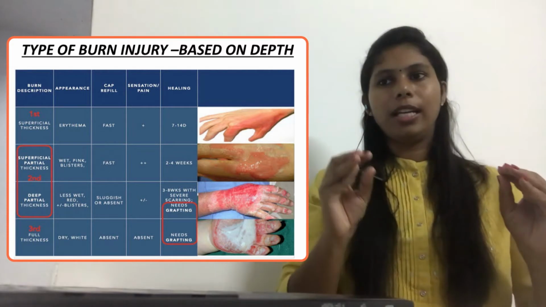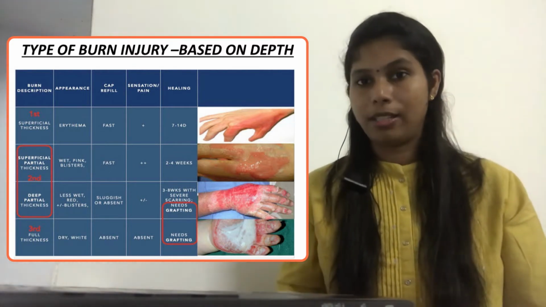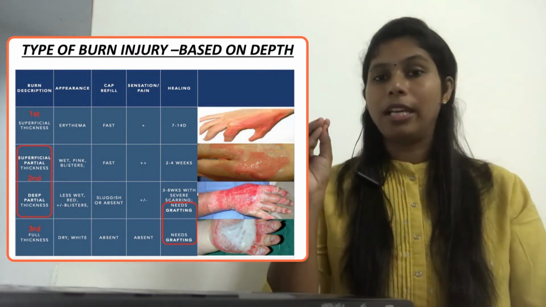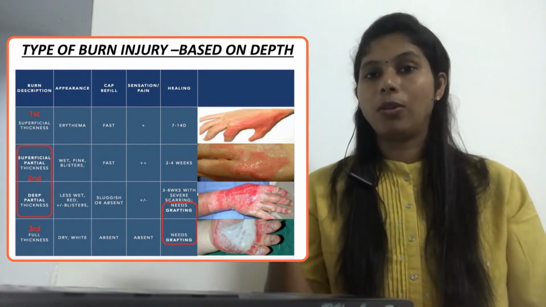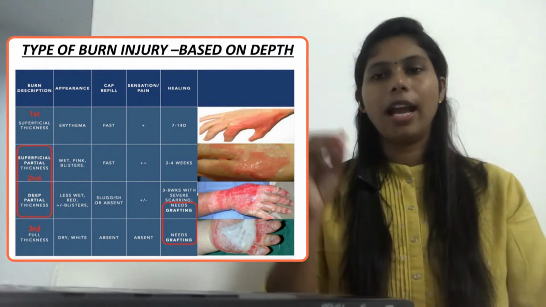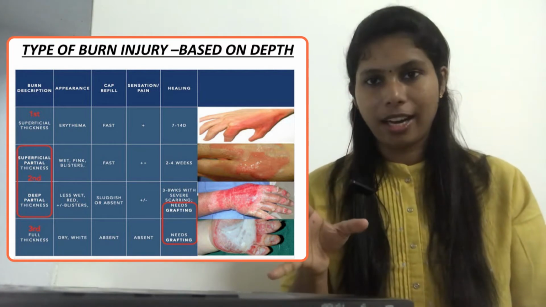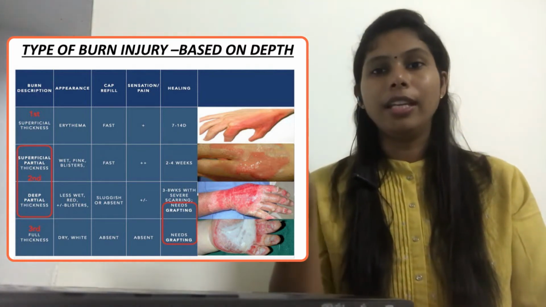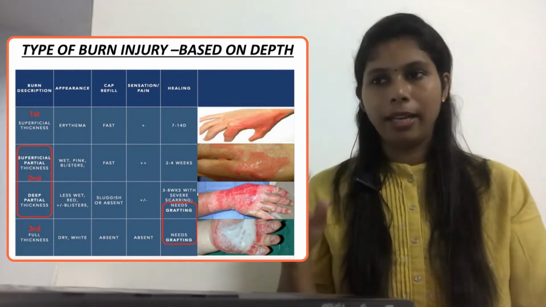Okay, here we said it is red to white, plus or minus blisters, maybe with or without blister. Then the capillary refill is usually sluggish or absent. Then pain: sometimes there is pain during touch, and if not, there will likely be scarring. If there is severe scarring, the patient should undergo grafting for complete healing.